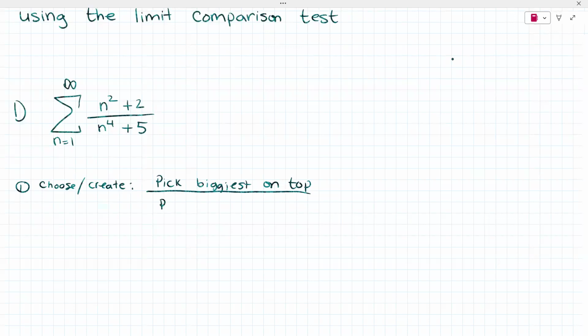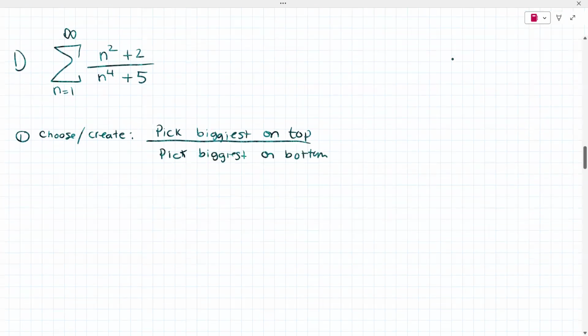Okay, so we have n squared over n fourth, and that simplifies as 1 over n squared.